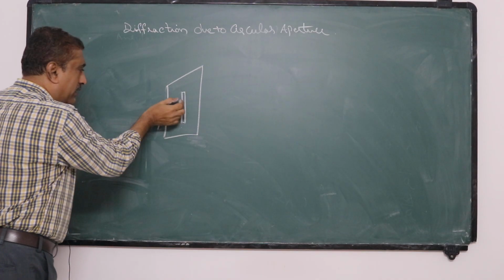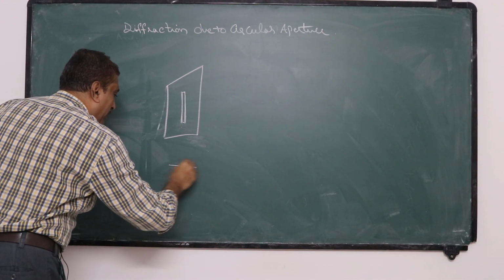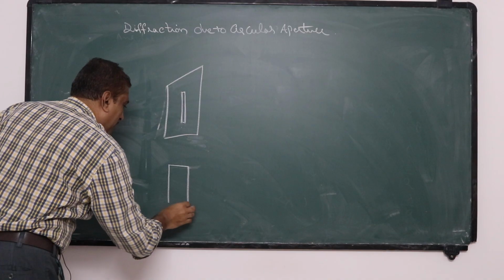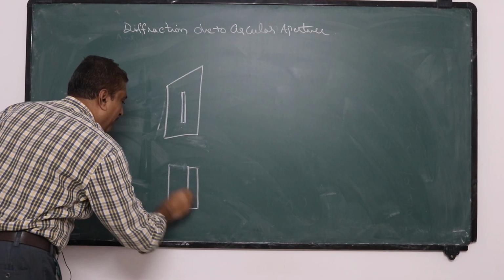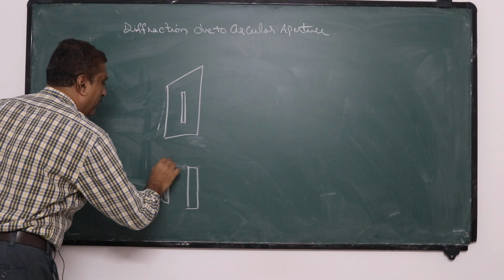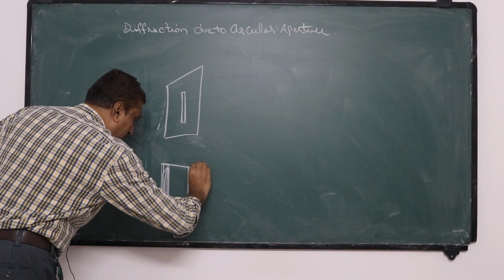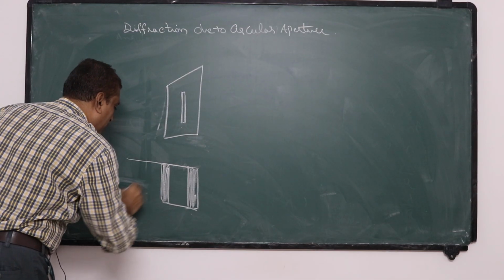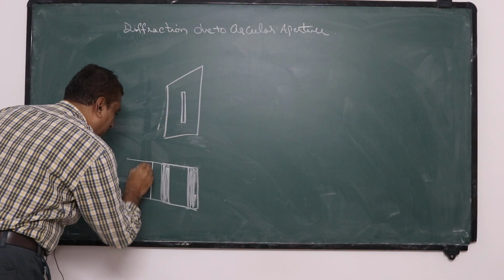Exactly in front of this slit we get a bright band. After that we get a dark band like this. After that we get another bright band.